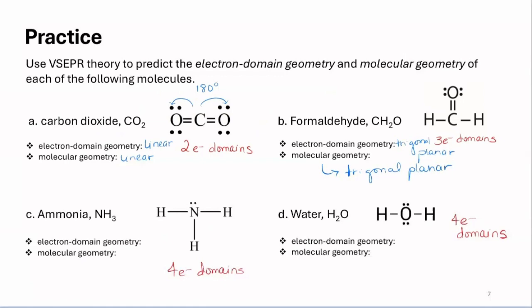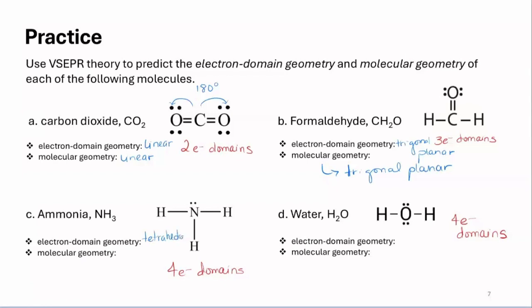Let's now do the example on letter C, which is ammonia. Ammonia has 4 electron domains, just like water. And when you have 4 electron domains, if you go back to slide 6, anything that has 4 electron domains has an electron domain geometry that is called tetrahedral.